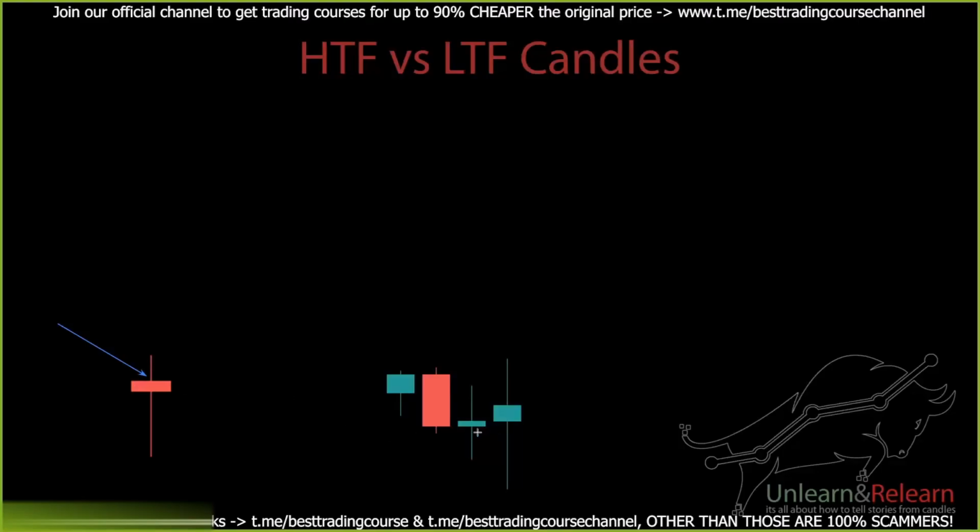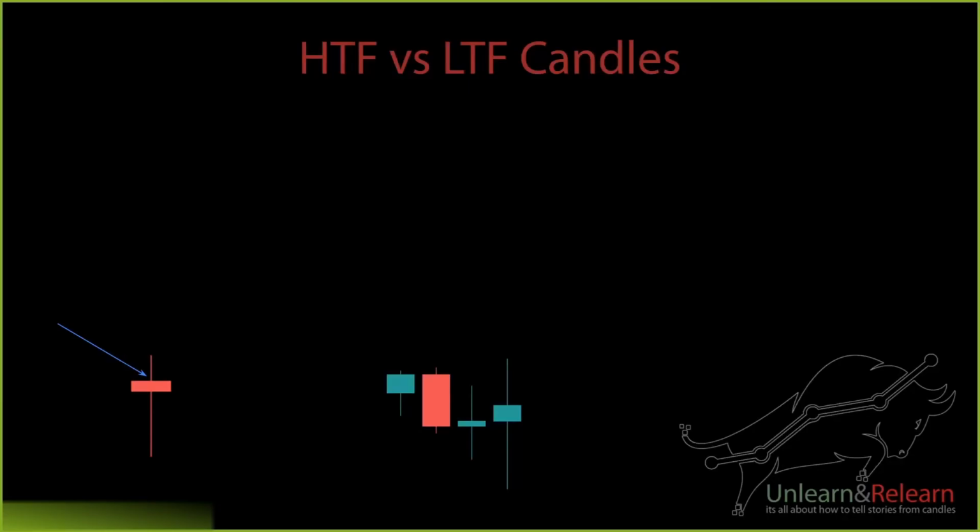But if we look at the 1 hour, can we agree that on the 1 hour we have a support forming here? Because we had a bullish candle here, then we had a bearish candle, and then we have two bullish candles. So if this is the time I'm coming to the charts, we have a support forming here.